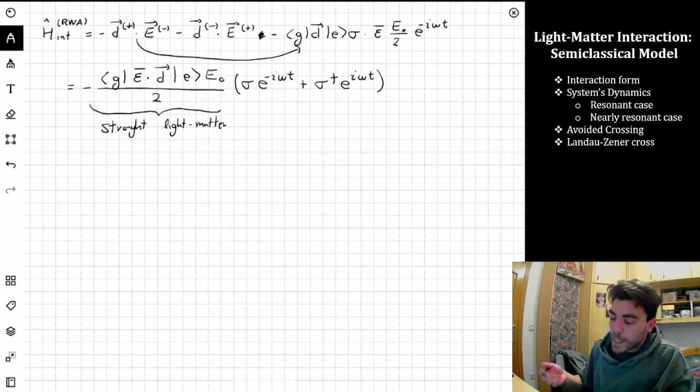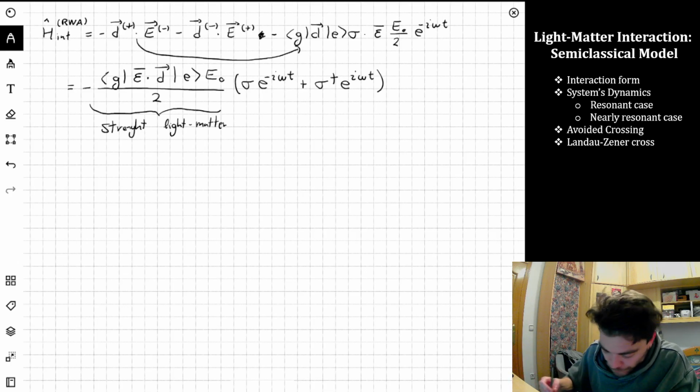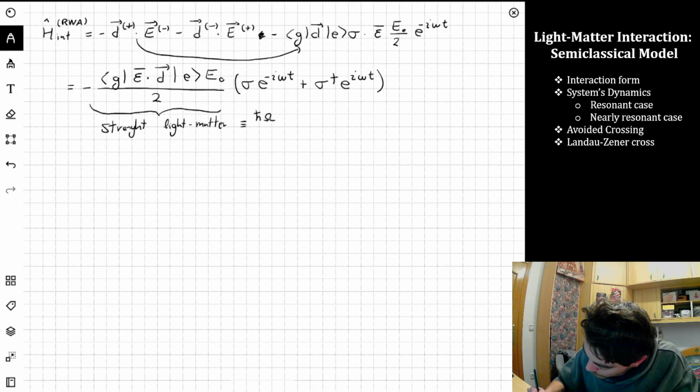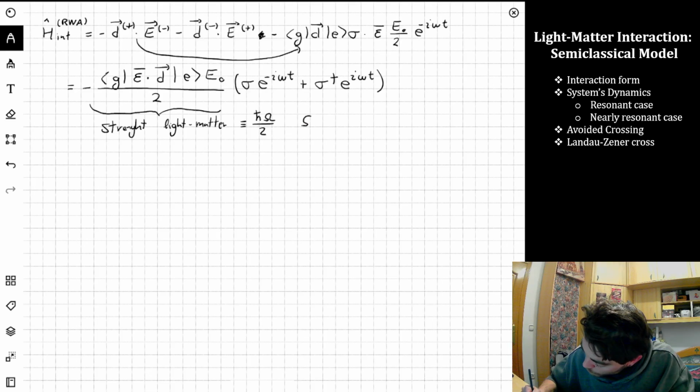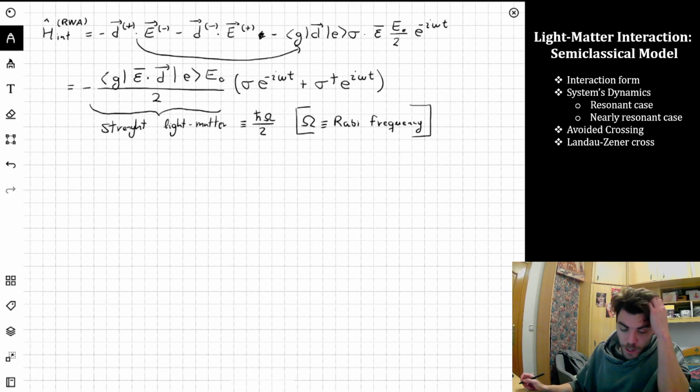So we associate a certain energy with it, and the energy that we will associate with it, we define literally as h bar capital omega over 2. This omega is a frequency because h bar is Planck's constant divided by 2 pi, and so this omega is called the Rabi frequency, and this is a very important concept in what follows and in general in light-matter interaction. This is the Rabi frequency.